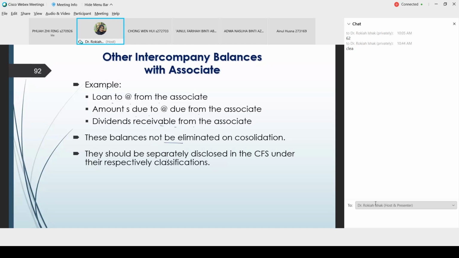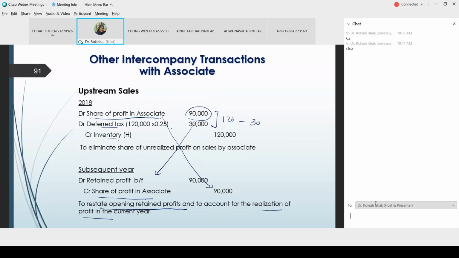They should be separately disclosed in the consolidated financial statements under their respective classifications. So the ones that you eliminate here are only the intra-group transactions related to inventory and the sale of depreciable assets.